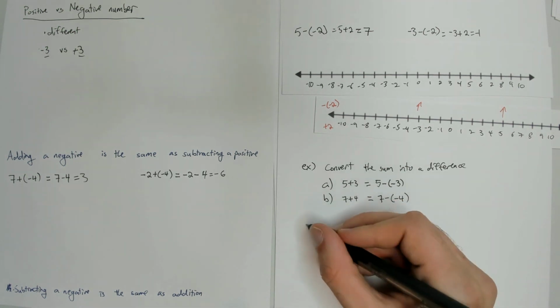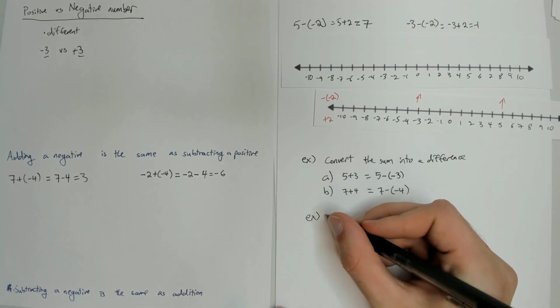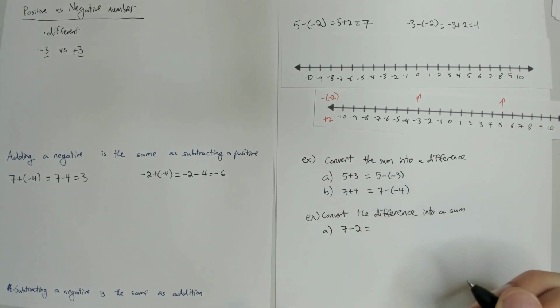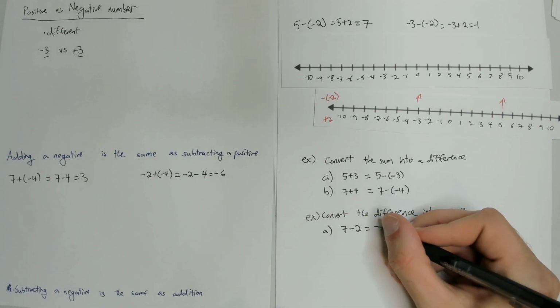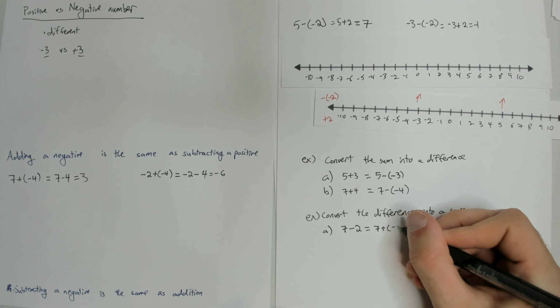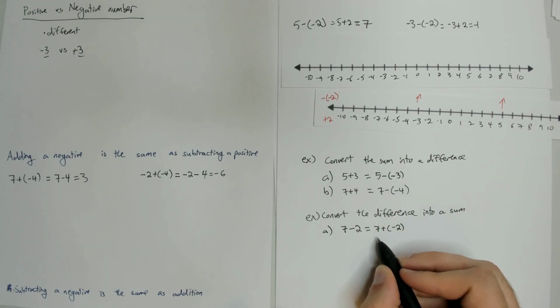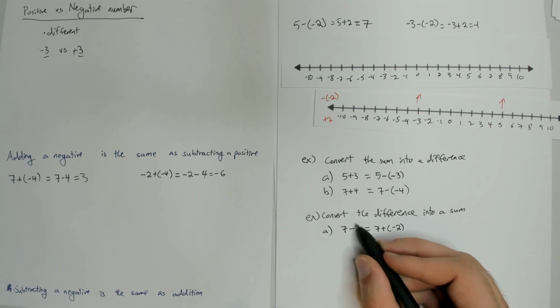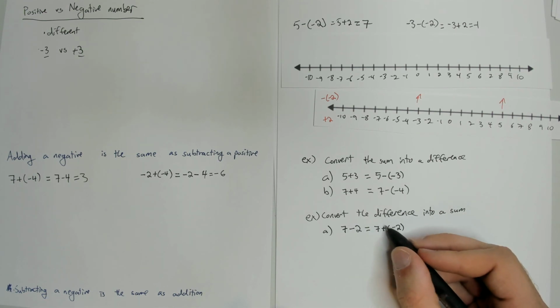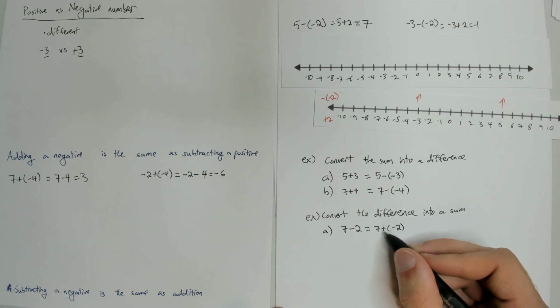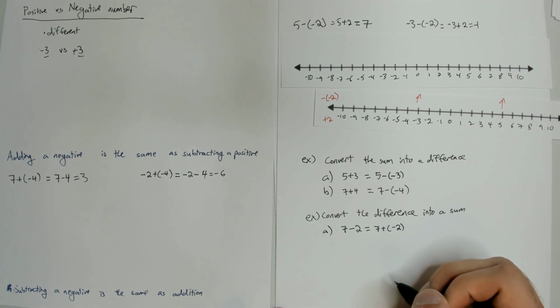All right, and we can also do a similar problem where we convert the difference into a sum. So we have 7 minus 2, but that's the same thing as 7 plus negative 2, right? We're starting at 7, and we're going 2 to the left. And here, if we're adding, that means we're going to the right. But again, this negative here will reverse the direction of what we would expect this to do, which means it's actually going to be going to the left by 2.